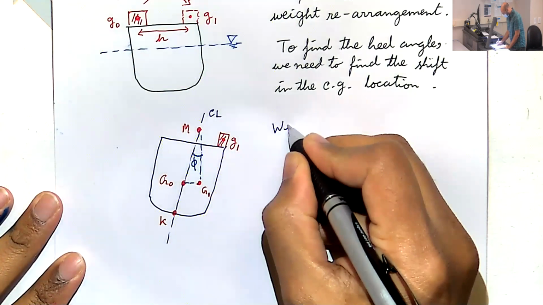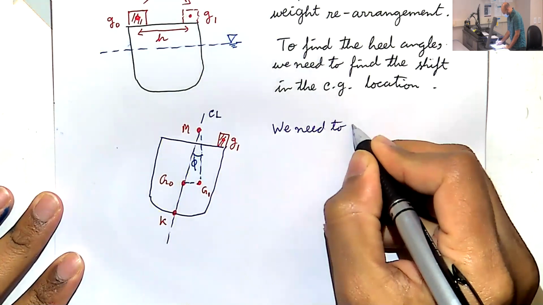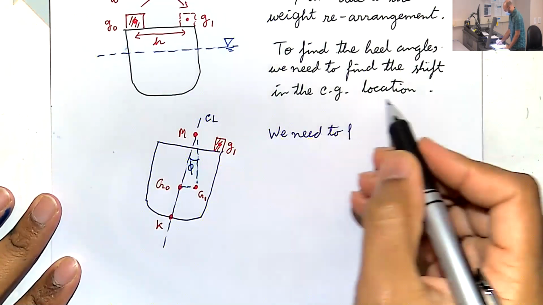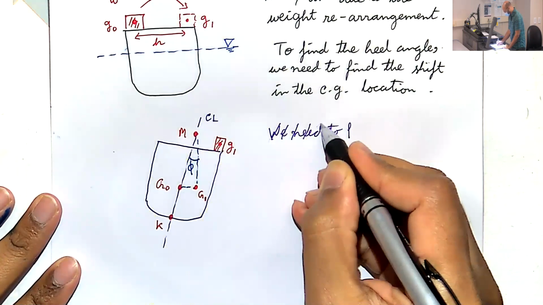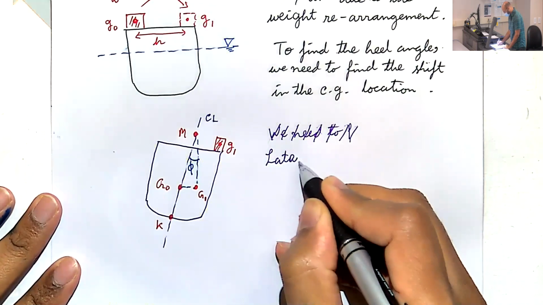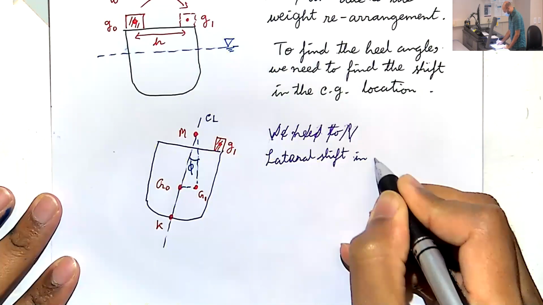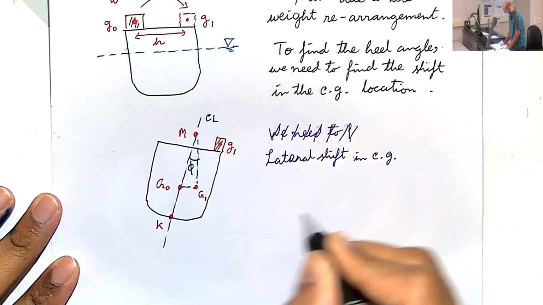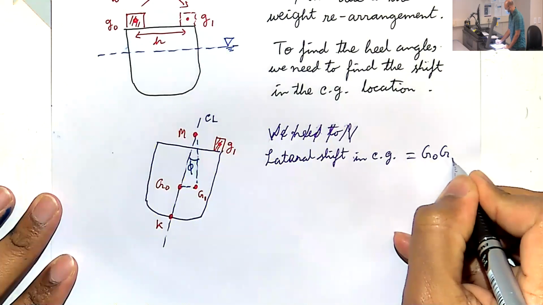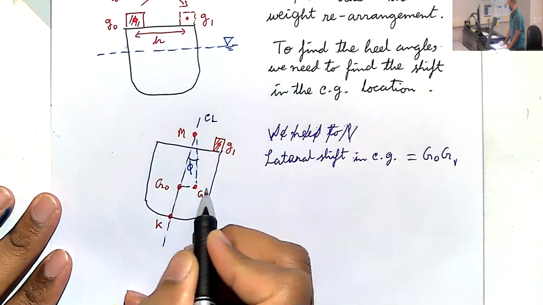So the first thing we need to do is find the lateral shift in the center of gravity location. Lateral shift in CG is the distance G0, G1. When I write G0, G1, I don't mean G0 times G1. I'm just talking about the distance G0, G1.